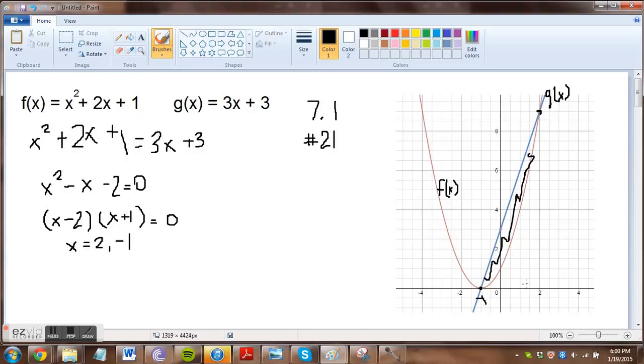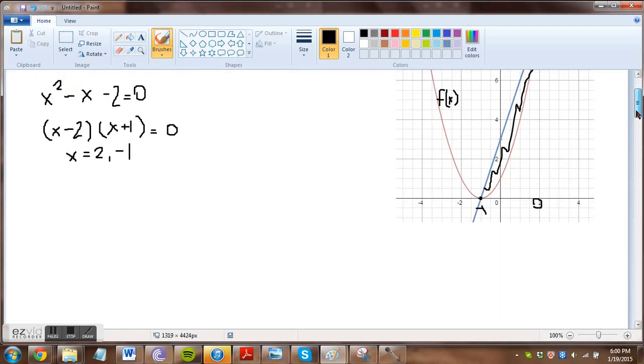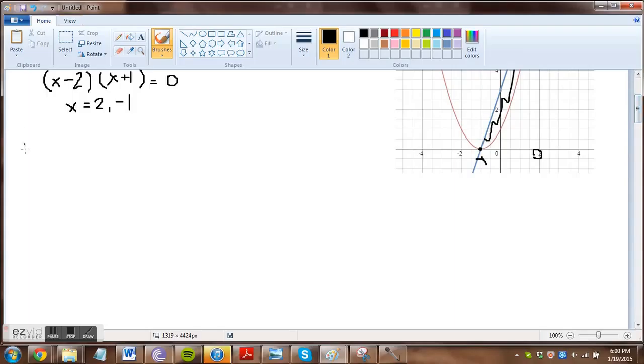And then we can find that they intersect at x equals 2 and x equals -1. And when we look at the graph, we can confirm that here x equals -1 and here x is equal to 2.